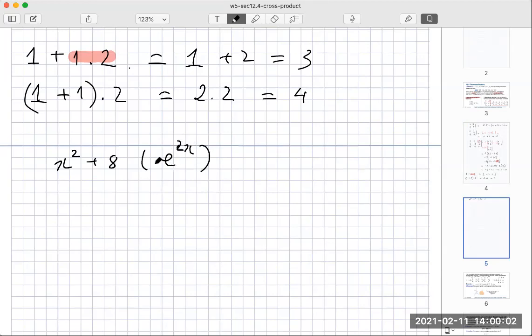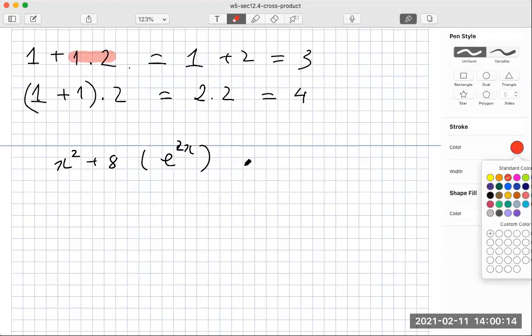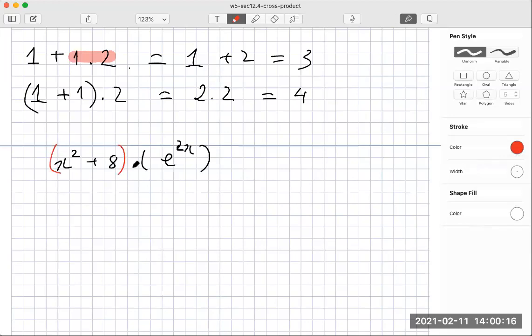If you write it this way, we understand that we should do the multiplication first and then addition later, which is completely different from doing this, right? If we write it this way, we should do the distribution, right? So be careful with this. Don't make this mistake. It's very important.